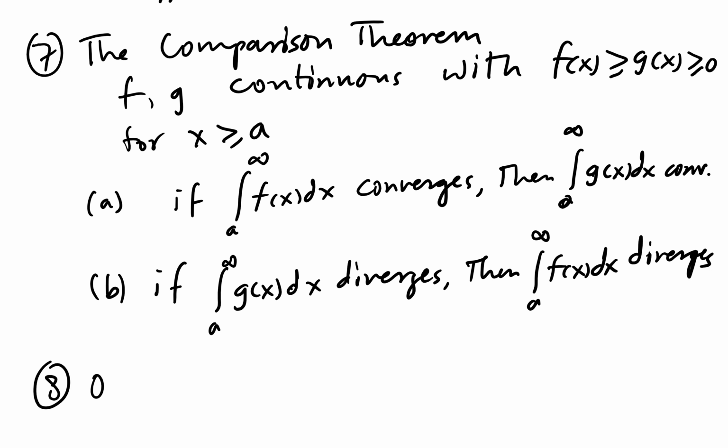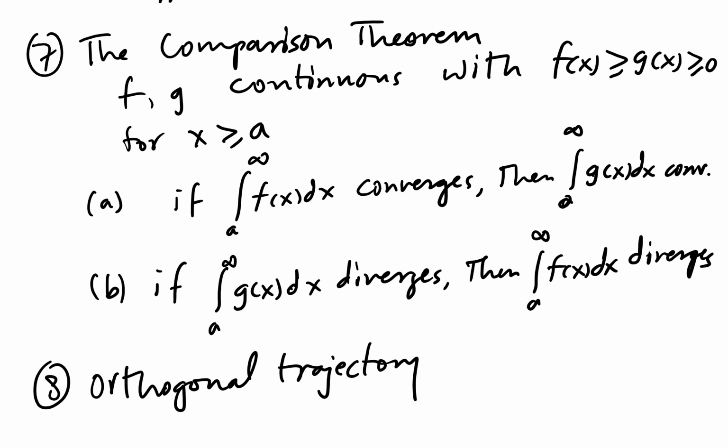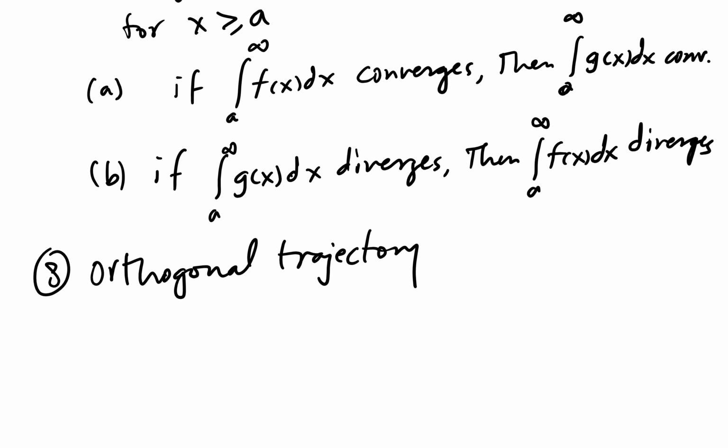Eight, orthogonal trajectory. So usually you are given a function, like y equals, for example, k x squared or something.